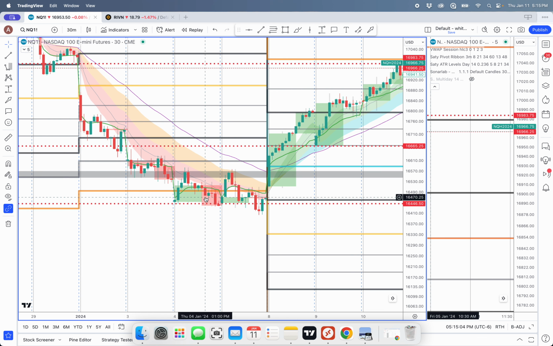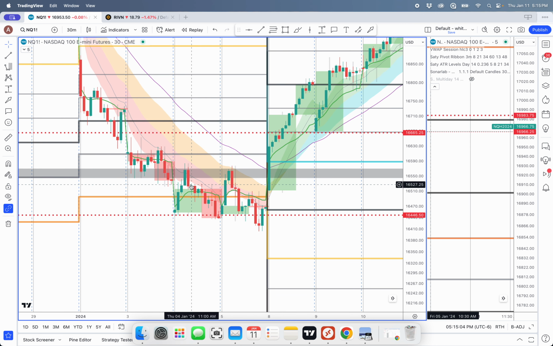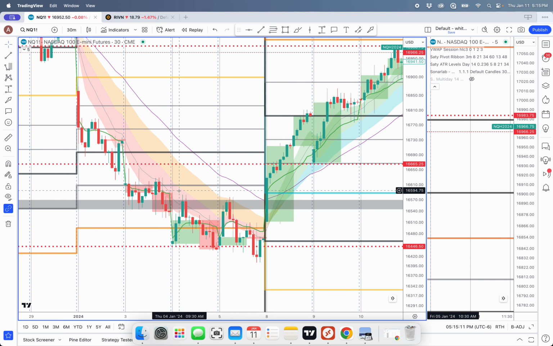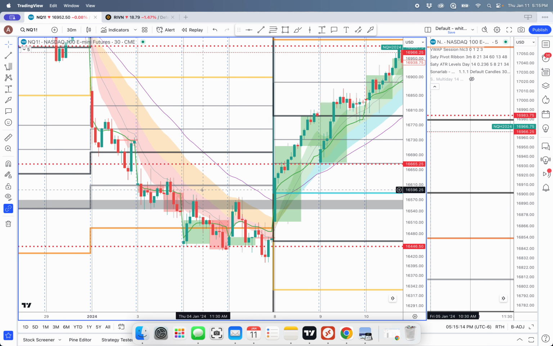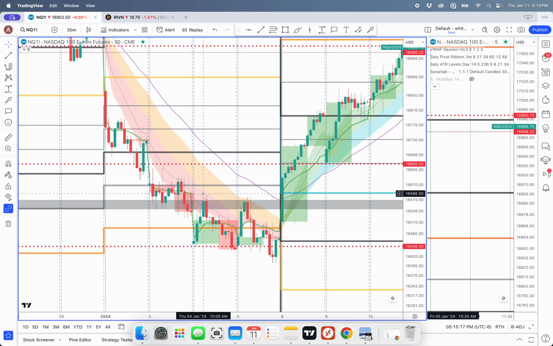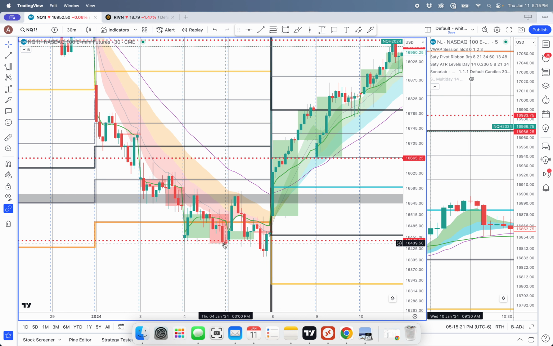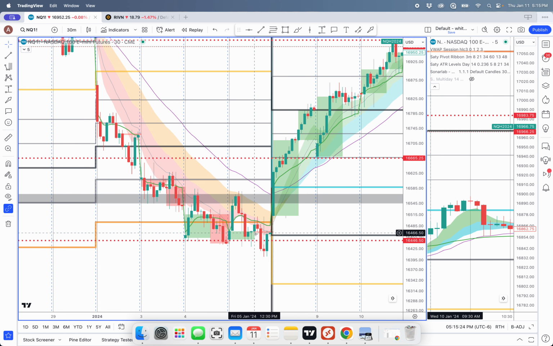When we pulled up on a 30 minutes, we squeezed up, but you're still in this downtrend, so you have to be short biased. If you would have shorted right here, you would have caught the move back down. Same thing here. It shot up and stopped right here and then reversed, came back down.